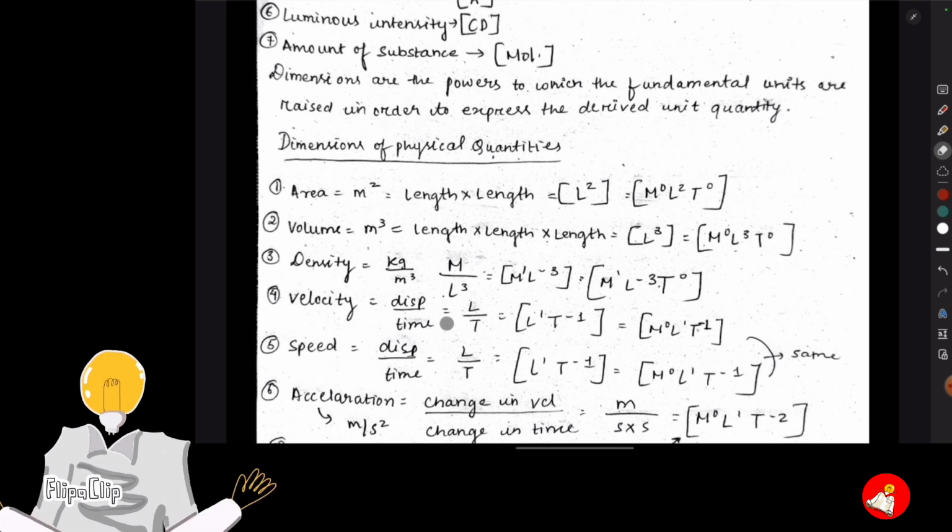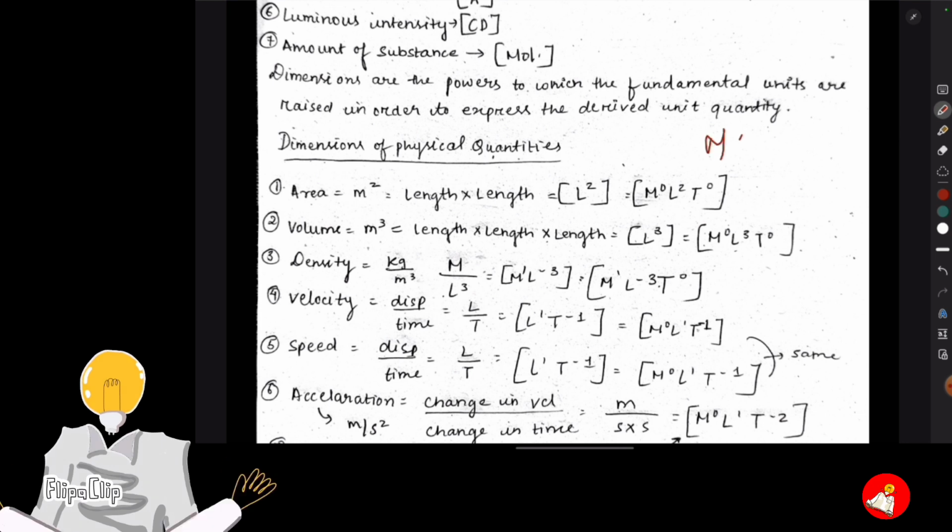Velocity, displacement upon time. What is displacement? Displacement is length and time is T. So here there is L1 T minus 1 because T was down, and M0 because there is no connection to mass here. That is the format.